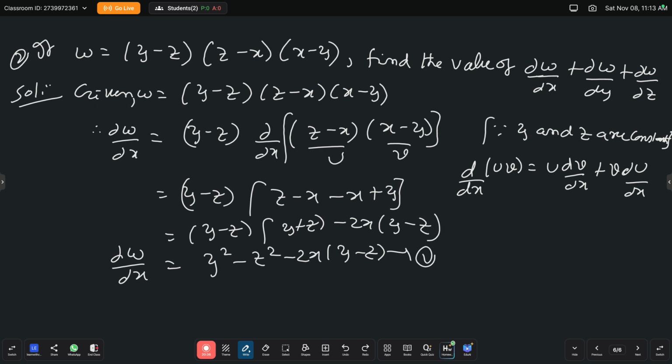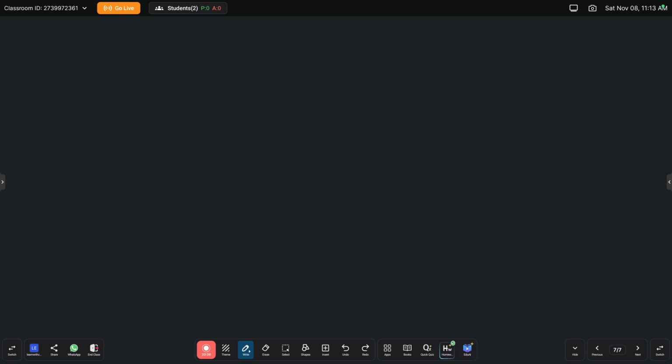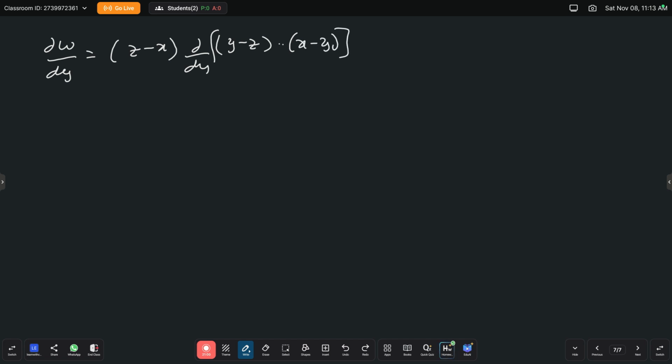Similarly we can find ∂w/∂y. So ∂w/∂y equals (z minus x) into ∂/∂y of (y minus z)(x minus y).